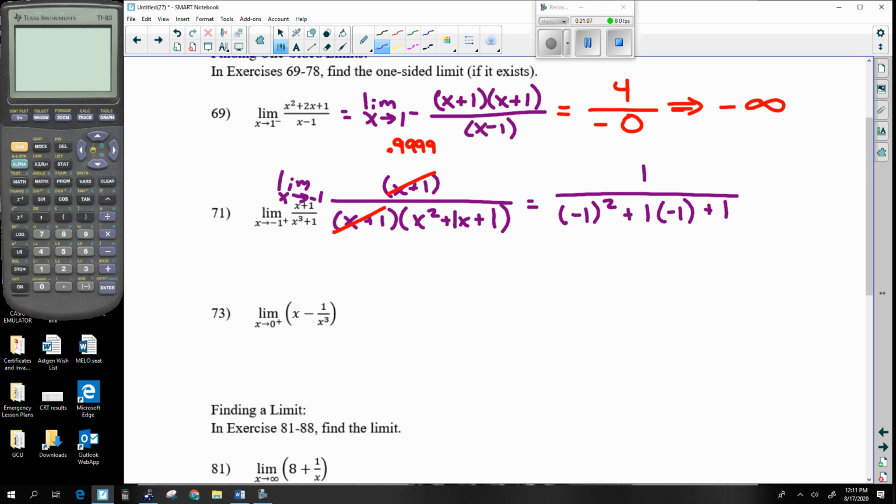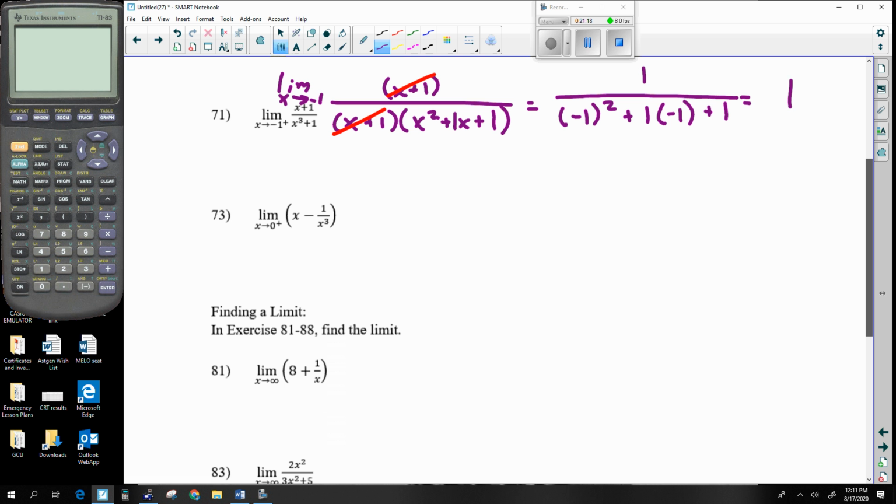So that's 1 minus 1 plus 1. This is equal to 1. All right, goes to 0. Okay, so I see a denominator of 0. That won't work.